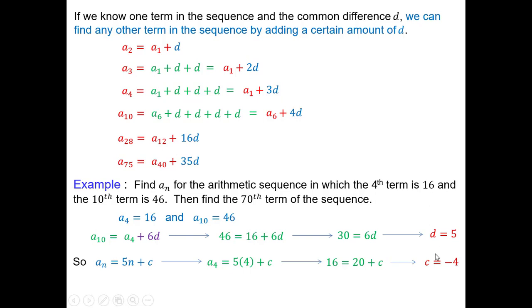Once we have these two values, we know that the sequence has a rule of 5n minus 4. Now we can find any term in the sequence that we want. We want the 70th term in this case, so we simply plug 70 in for n. 350 minus 4 is 346.